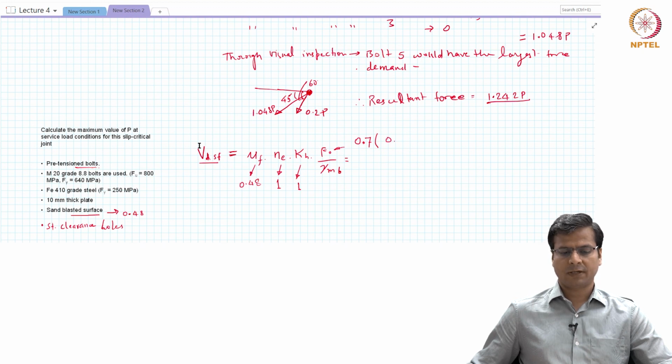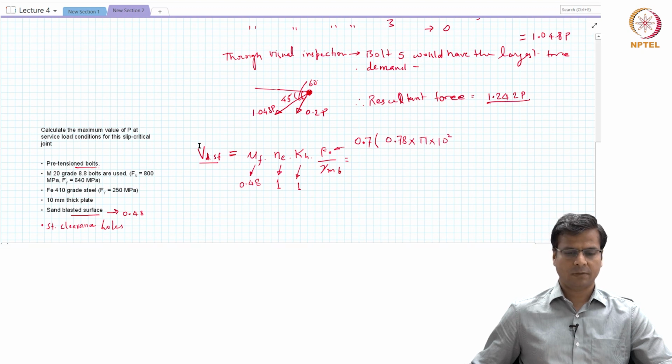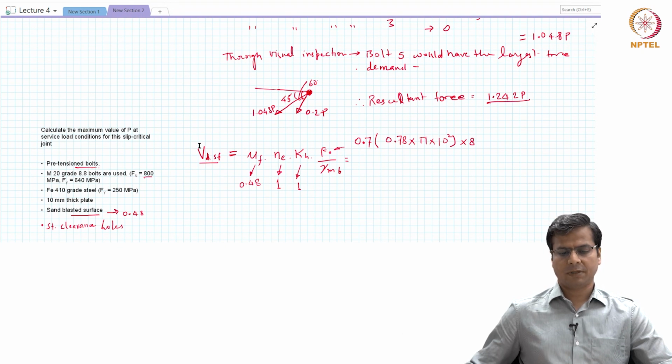The net cross section area is 78% of the gross cross section area, pi multiplied by r squared, that is 10 squared. This area is multiplied by the ultimate stress capacity, that is 800 MPa. So this part is the ultimate load capacity of the bolt. Multiplying it with 0.7 makes it the proof load.